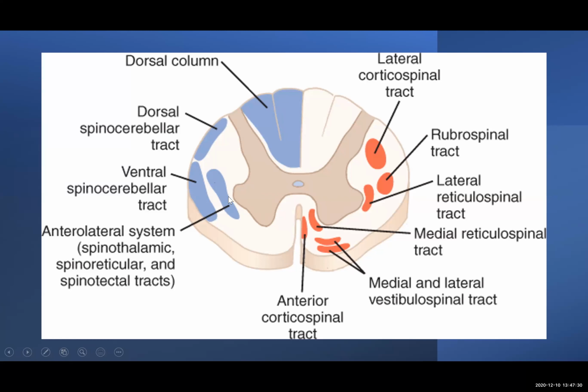So cervical's most medial, then thoracic, then lumbar, and then all the way down. So basically, arms are on the inside here too. Arms are carried more medially, and that becomes very important when we talk about central cord syndrome, which we'll talk about in just a second.